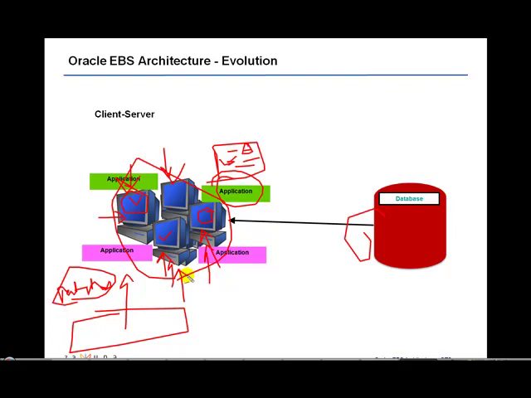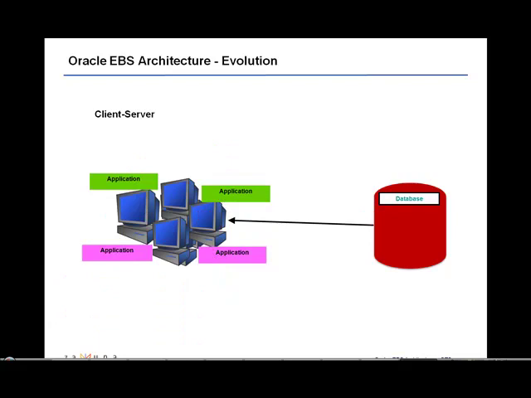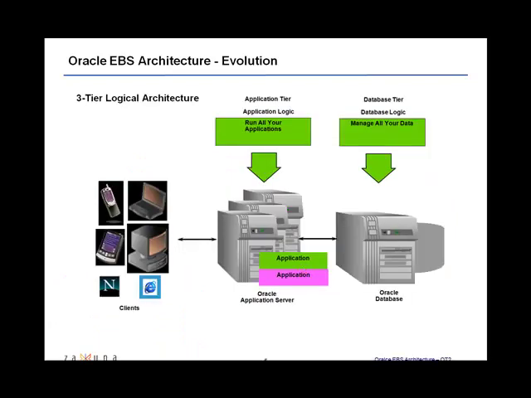So the client-server architecture brings a new set of challenges, which are the maintenance and upgrade challenges. That led to the next version of the architecture, the 3-tier architecture, or the 3-tier logical architecture, which we will cover in the next segment of the video.